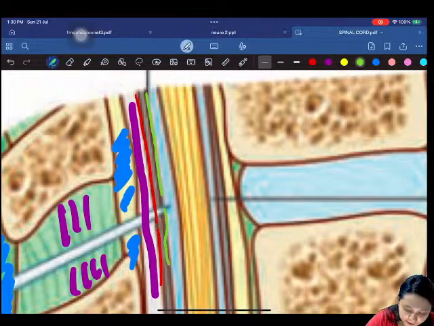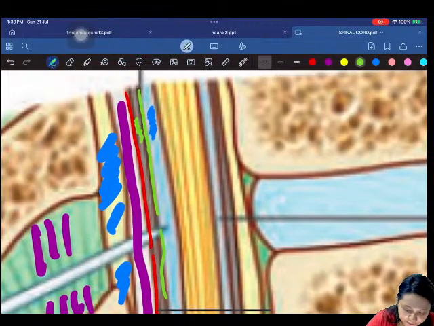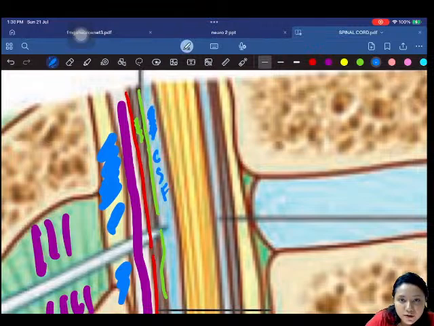Then this blue color is your subarachnoid space, and the space between these two is the subdural space, if you have to remember according to that. But this subarachnoid space is the space where you will get the CSF.